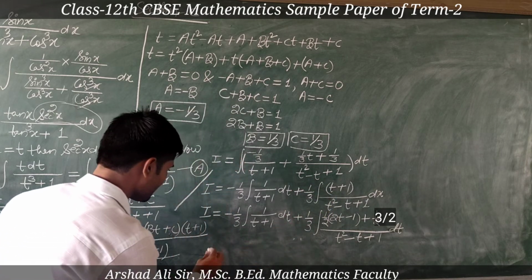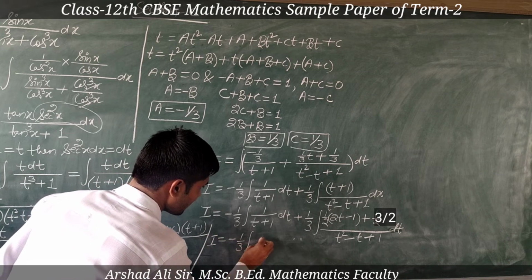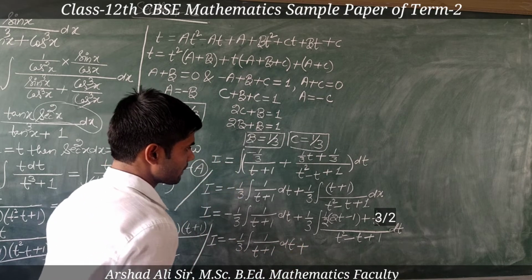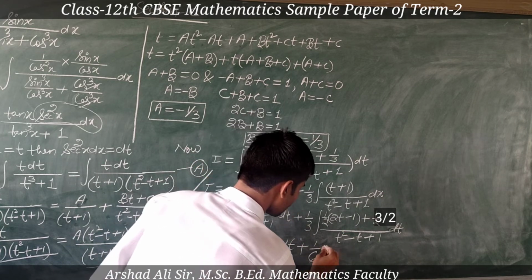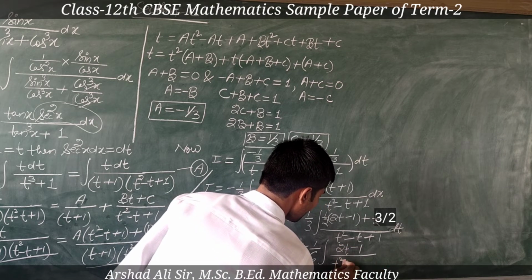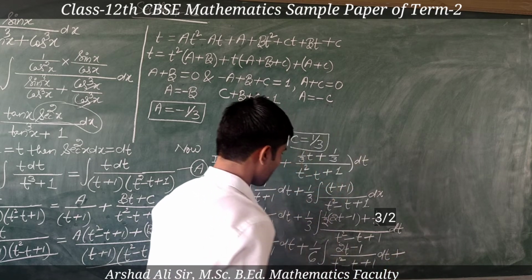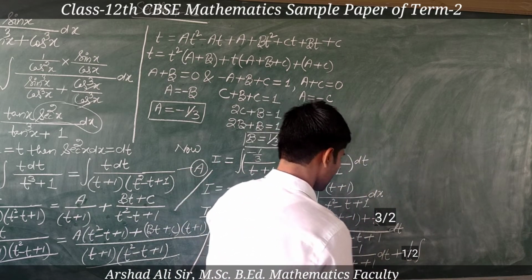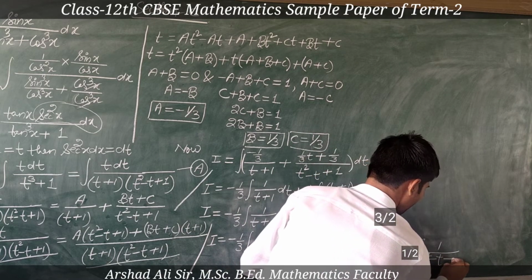So now we can open this. I is equal to minus 1 upon 3 integration of 1 upon t plus 1 dt plus, now we can multiply 1 upon 3 with this term, 1 upon 6 integration of (2t minus 1) upon (t square minus t plus 1) dt plus 1 upon 3 multiply 1 upon 2, it will be 1 upon 6 integration of 1 upon (t square minus t plus 1).